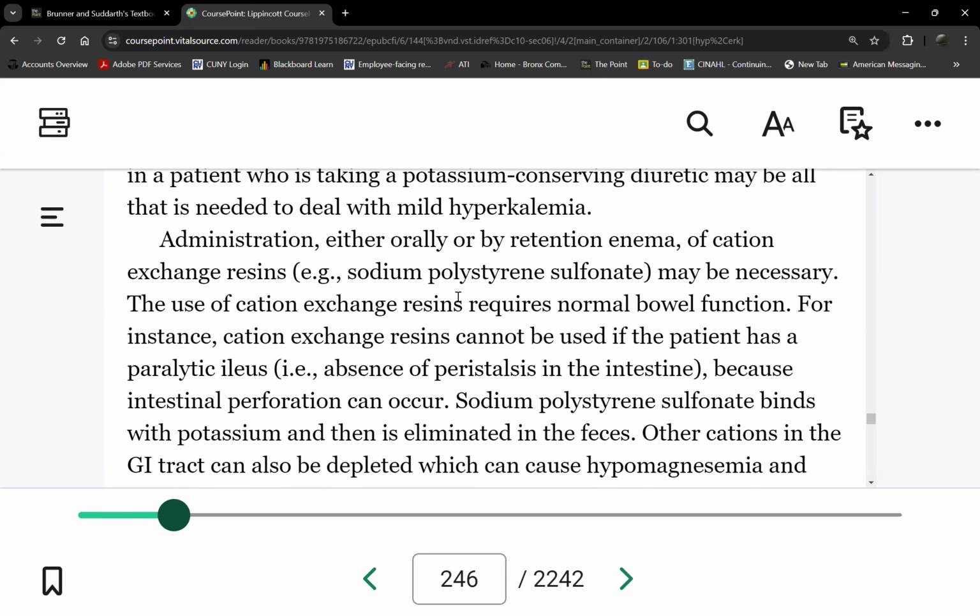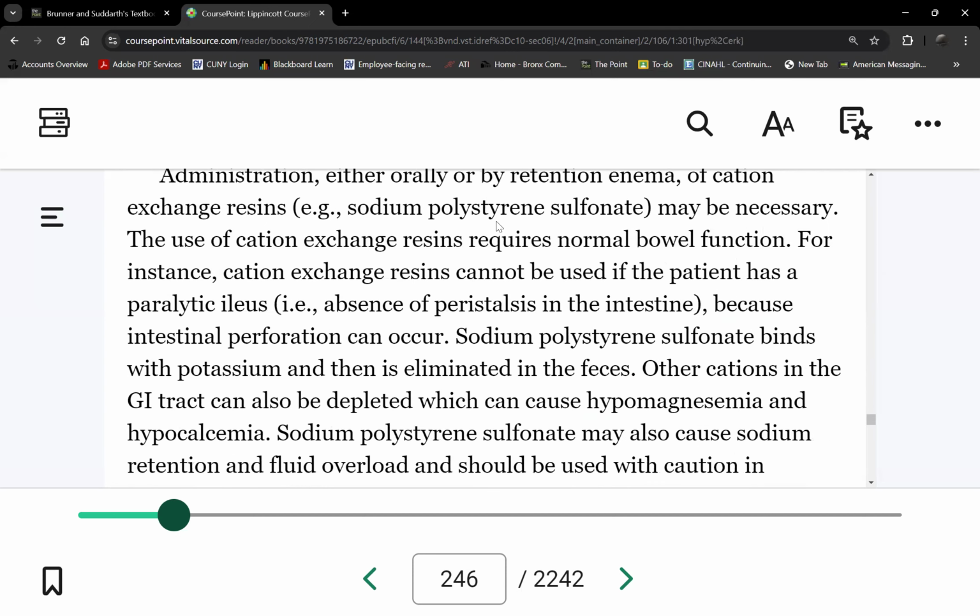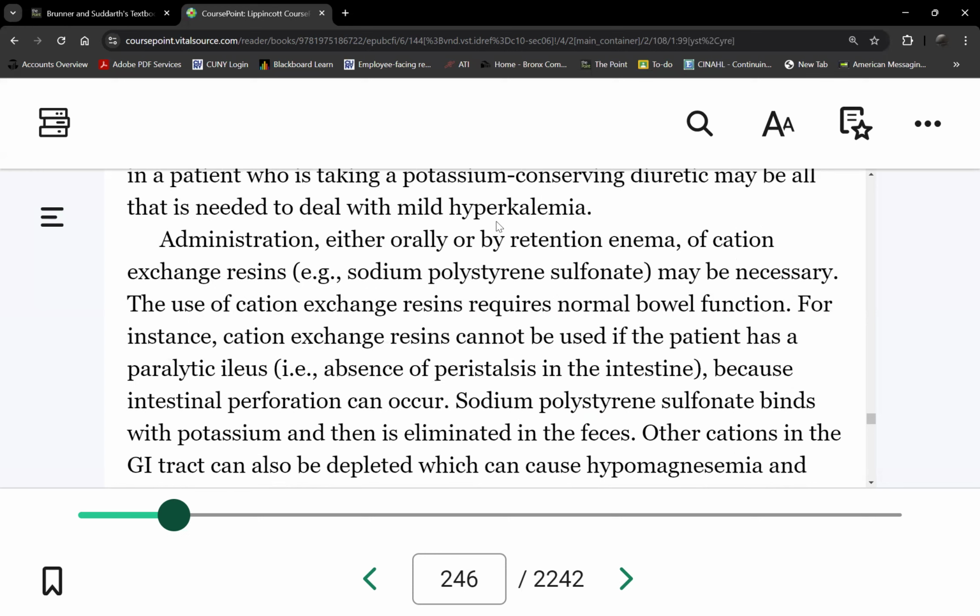So potassium will not drop if you go by this route. So are these really options for emergencies, meaning moderate and severe? No. We'll still give it, don't get me wrong, but this won't be your priority because why again? Takes too long, takes 2 hours to produce an effect. Meanwhile, what will happen during those 2 hours? Patient could go into cardiac arrest.